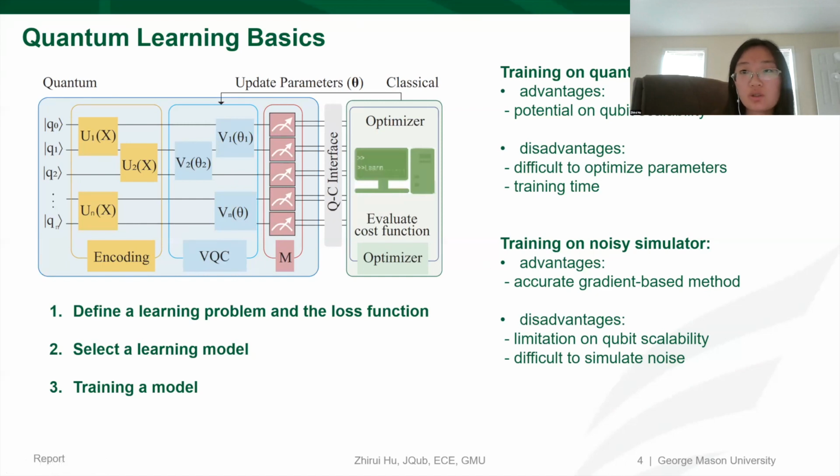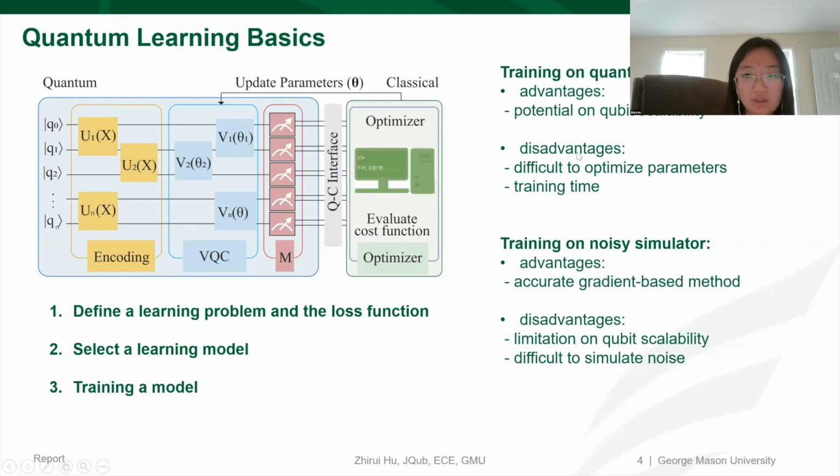Here are two different ways to do training. The first way is to train the model on the quantum computer, that is, the forward propagation is on the quantum computer. The advantage of this way is that we get potential qubit scalability, so we can encode data into the qubits with an exponential size.